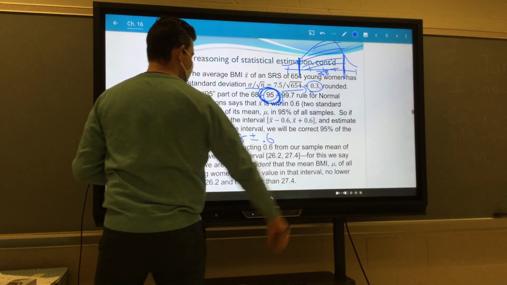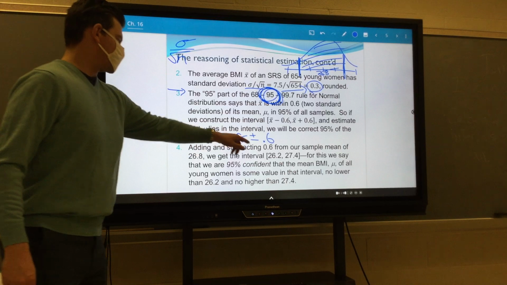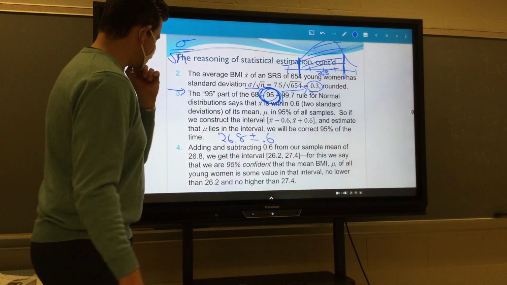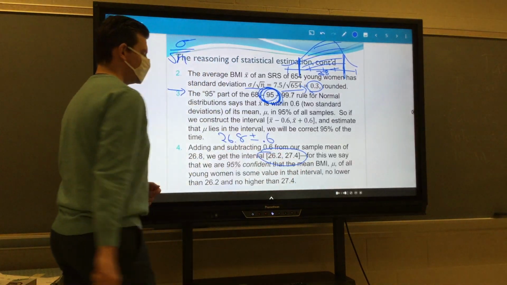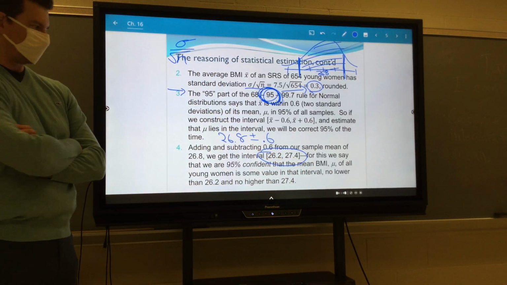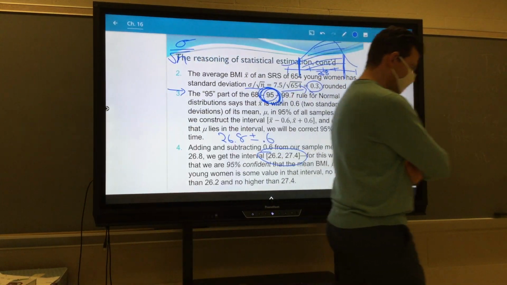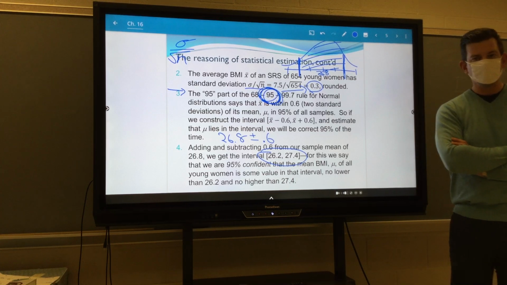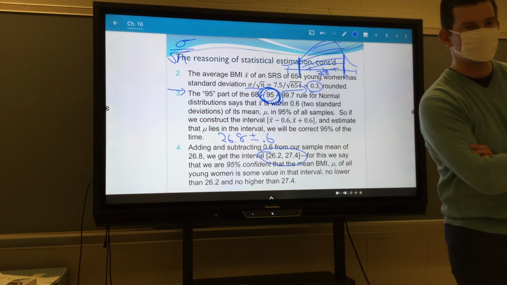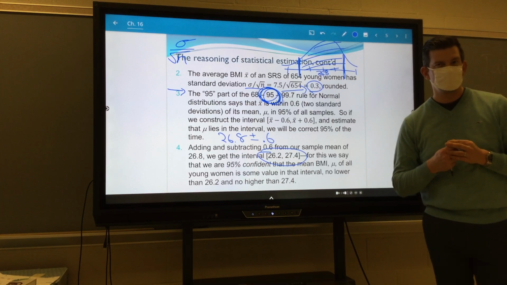So this was like adding and subtracting 0.6. 26.8 minus 0.6 takes us down to 26.2. Add 0.6 takes us to 27.4. So that's a 95% confidence interval. From the empirical rule, we said 95% of our data is between those 2 values.